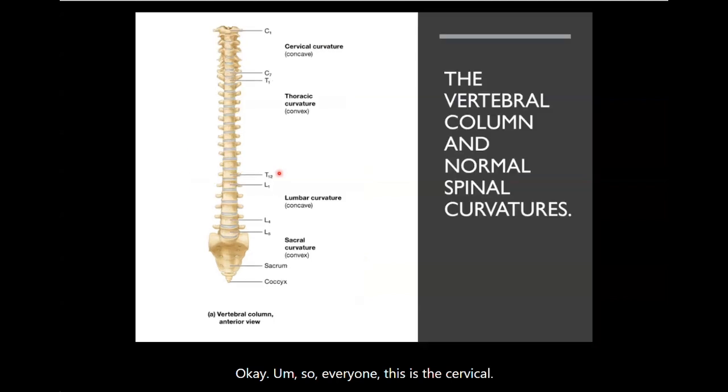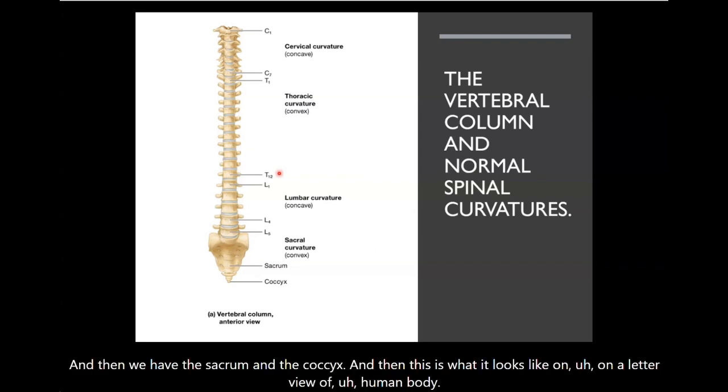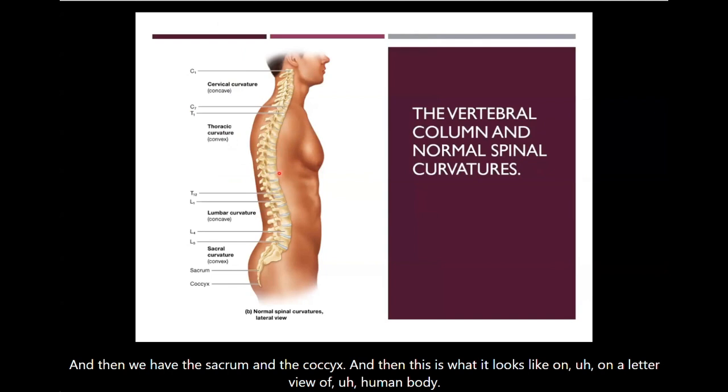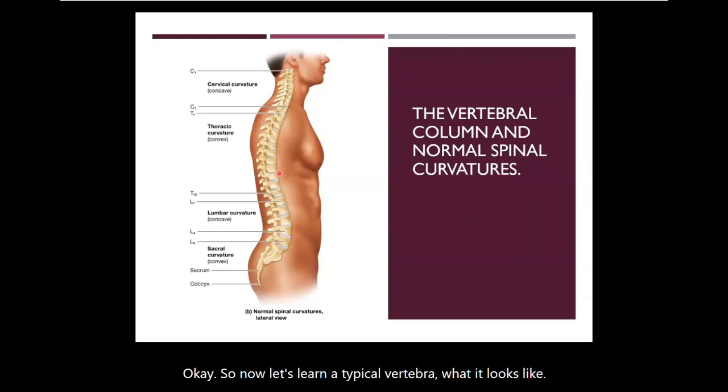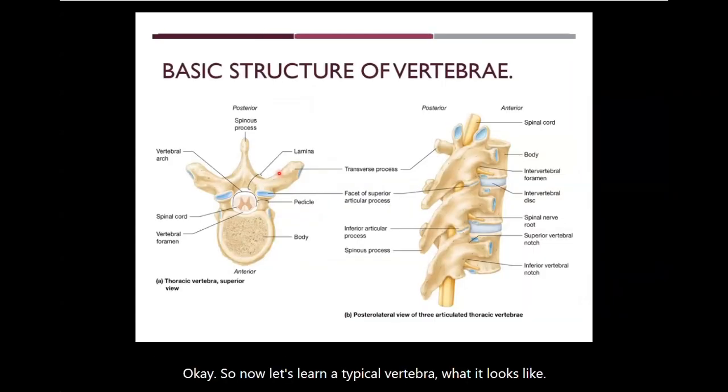So everyone, this is the cervical C1 to C7, thoracic T1 to T12, lumbar L1 to L5, and then we have the sacrum and the coccyx, and this is what it looks like on a lateral view of a human body.